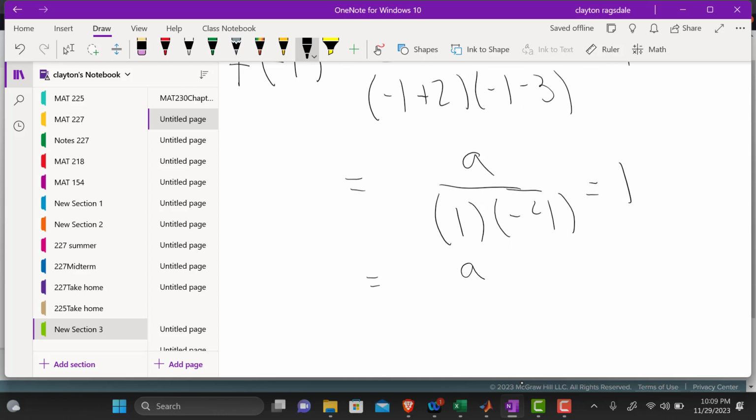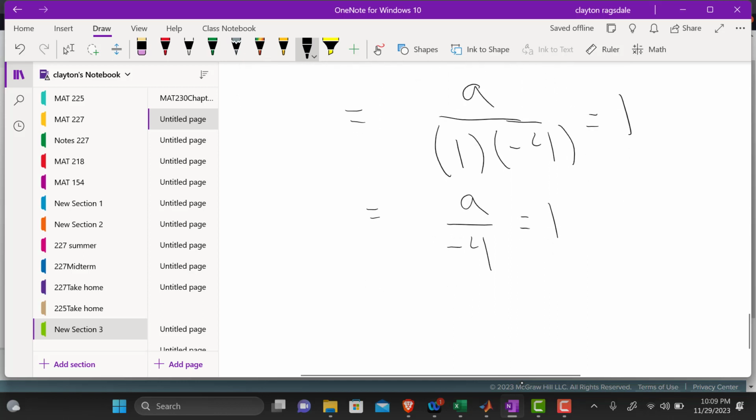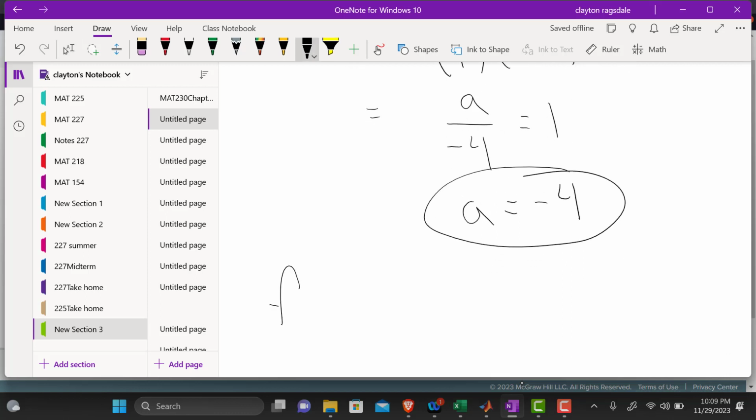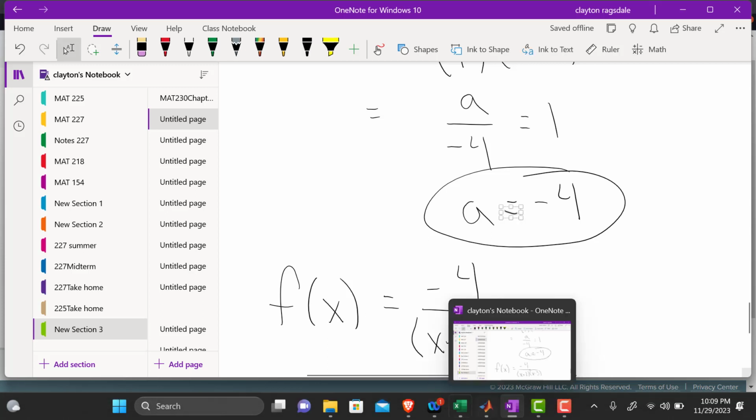This gives me a over -4 is equal to 1, which means a is going to be equal to -4. Now you've solved for your a value. So our full function here is f of x is equal to a, which was -4, over x plus 2, x minus 3. That's all we need to go type in.